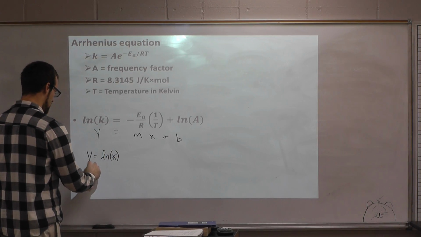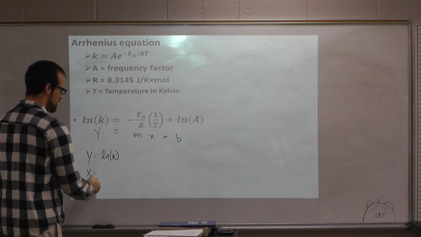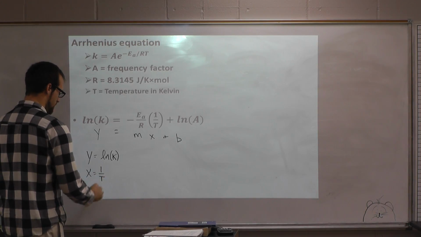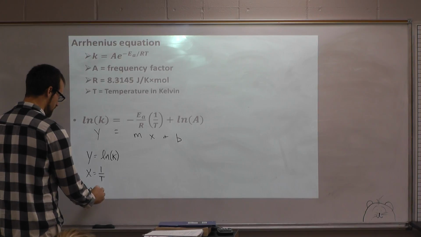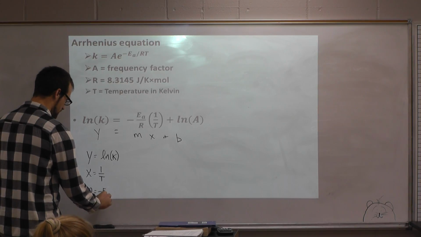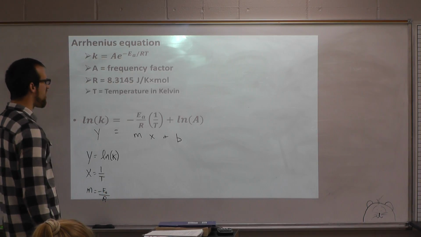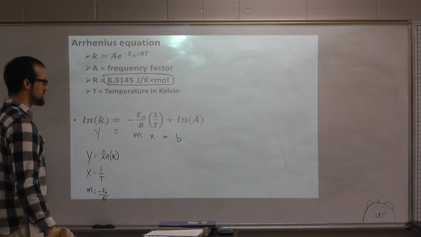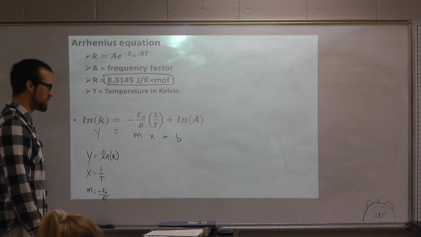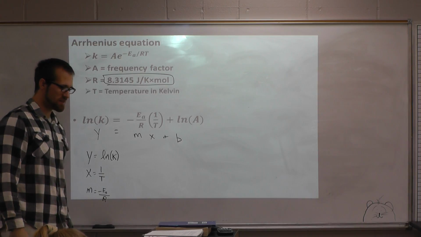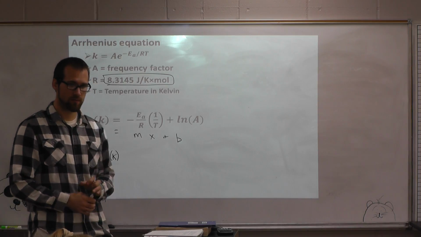What is your x? 1 over T. What is your m? Negative activation energy over R. R is your constant, 8.3145, also a very similar constant that we've used before. And you can put what your b is, but that's really not that important.